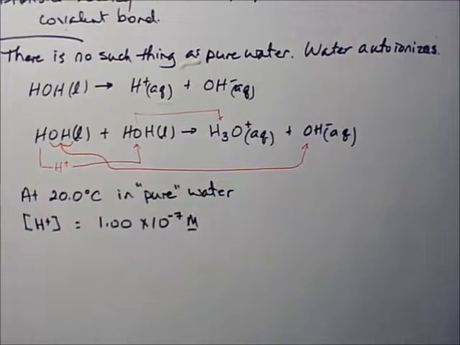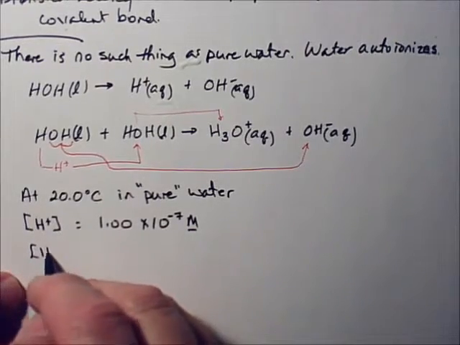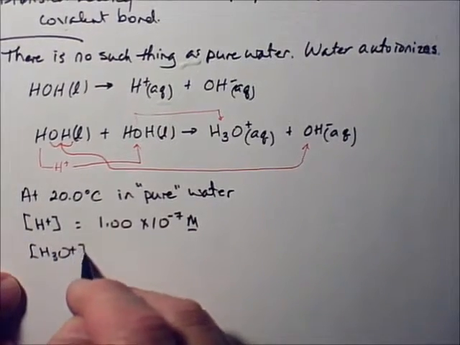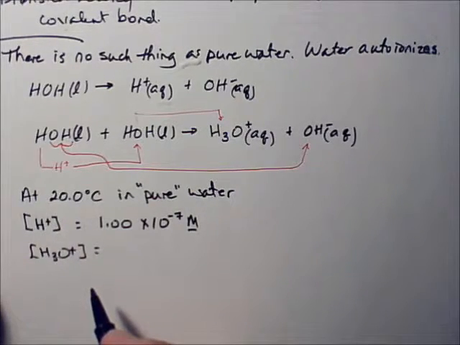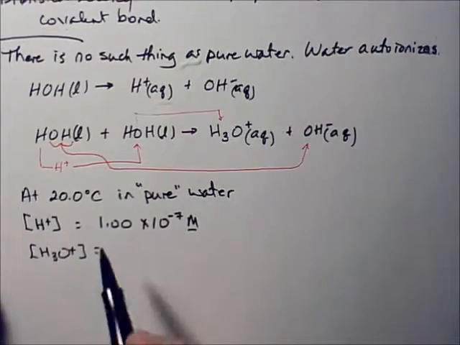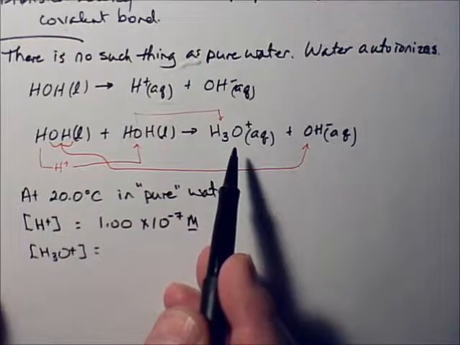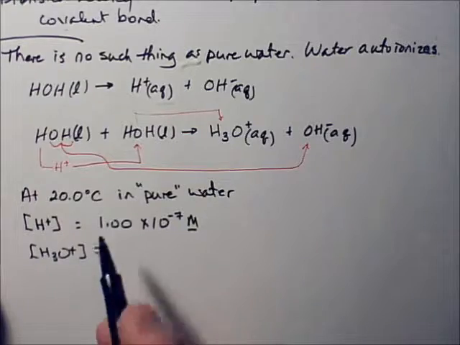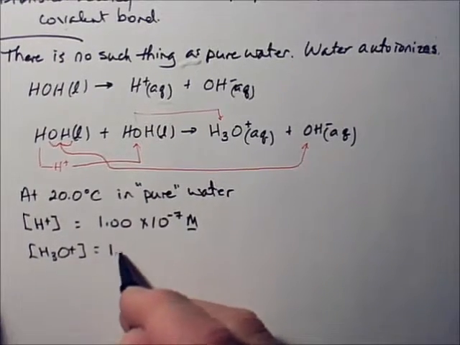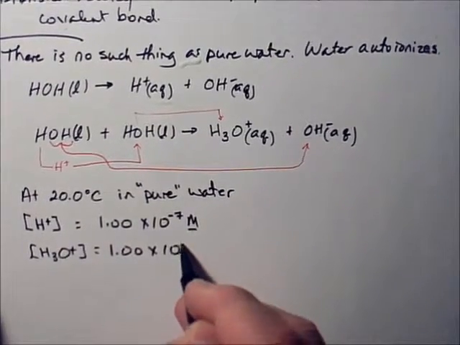Therefore, if we're thinking about autoionization in terms of Bronsted-Lowry, the molar concentration of hydronium in pure water at 20 degrees C is, for every one of these, we get one of those. It's a 1-to-1 ratio. Same number.